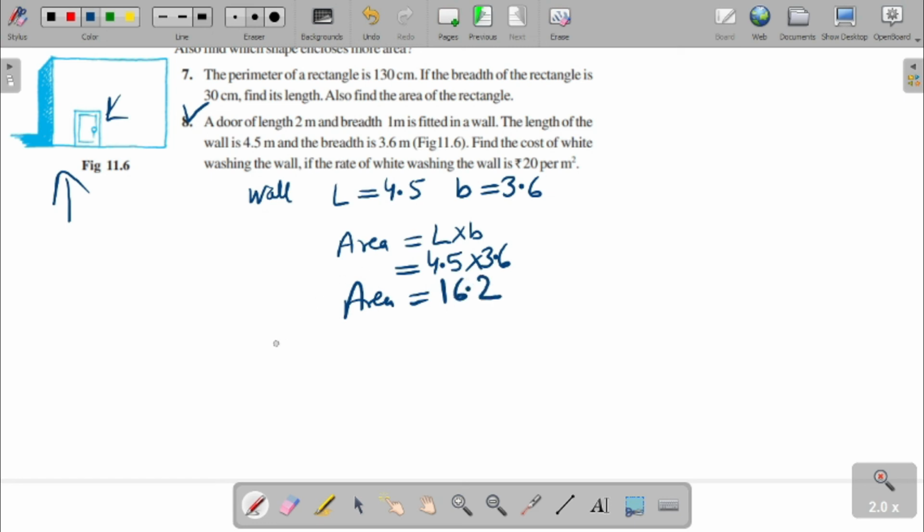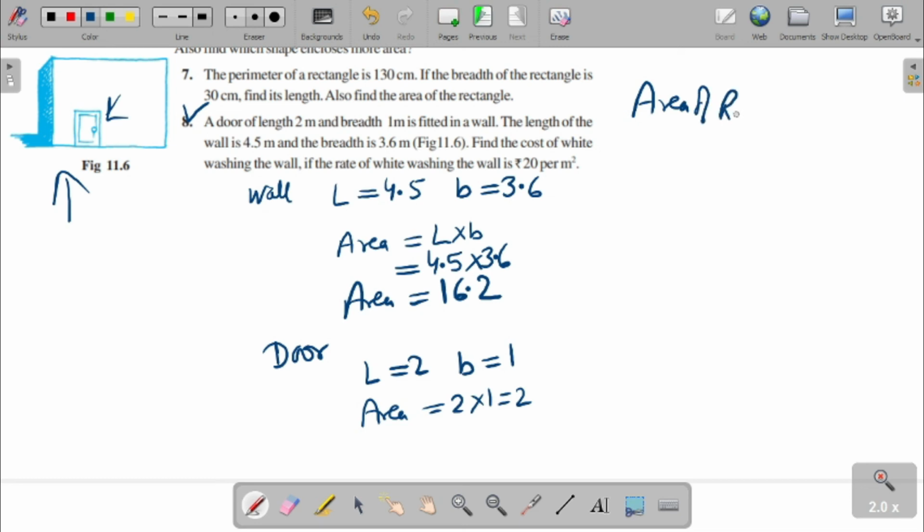Then in case of the door, length is given as 2 and breadth is given as 1. So area equals 2 into 1, that is 2. Now the area of the remaining wall equals 16.2 minus 2. So it will come as 14.2. This is the area of the remaining wall.